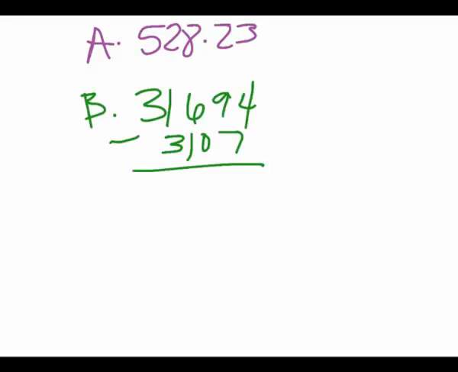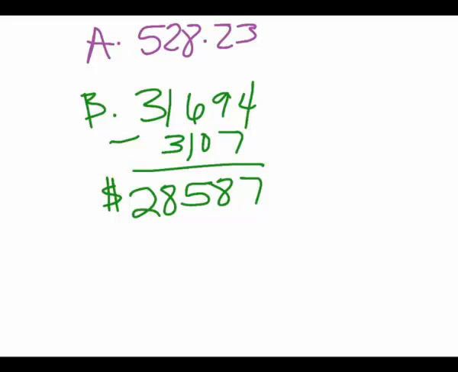Real quick, for Plan A, we had $528.23. For this plan, the price minus the rebate gives $28,587. So that's your loan.